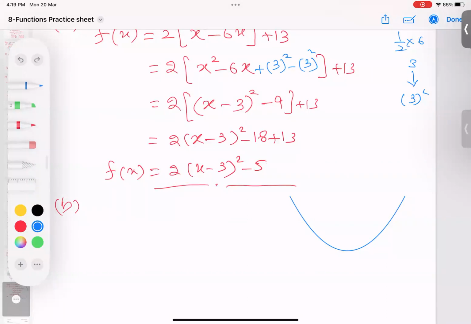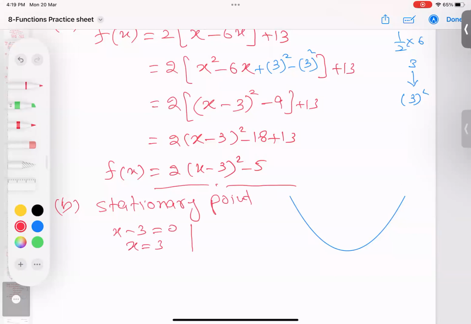Job number 1 you will find. I taught you many times how to find stationary coordinates. The stationary coordinate point we can find very easily. I taught last time, under power 2 whatever, put equal to 0. When I put this value equal to 0, my students, I get 3.